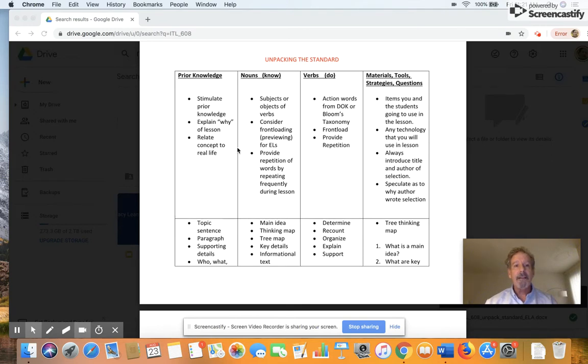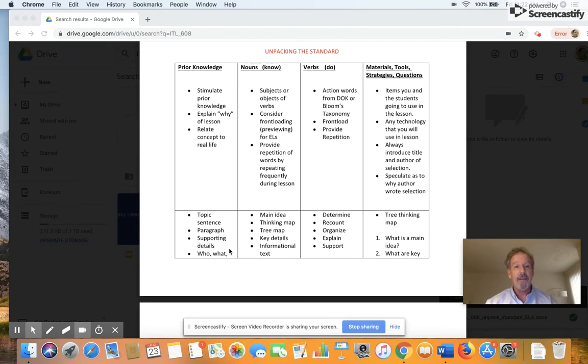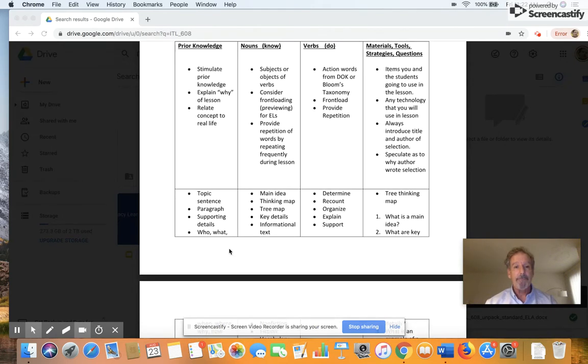The next thing is the prior knowledge that students should know. And supposedly you would have already taught about a paragraph, more specifically, writing the topic sentence and the supporting details, and then put the paragraph in, say, a web graphic organizer or a tree thinking map.